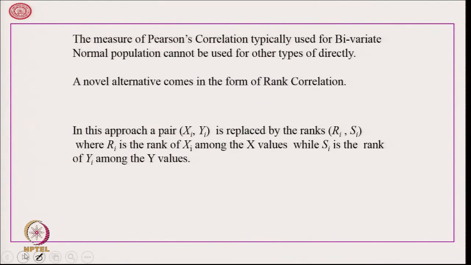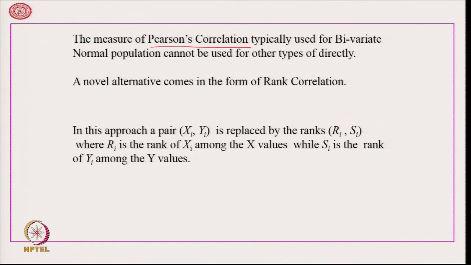So, the measure of Pearson's correlation typically used for bivariate normal population cannot be used for other types of data directly. That is what we started with: the correlation which is called Pearson correlation can be used for a normal population, but if the data is not of that type, then we can use a subtle variation of that which is called rank correlation.